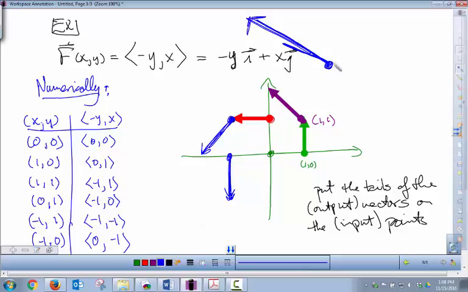So this is your point 2, 3, and this is your vector -3, 2. Okay? So notice now that the vector up here is a lot longer than these vectors over here. So it looks like the farther you go out, the longer it's going to be.